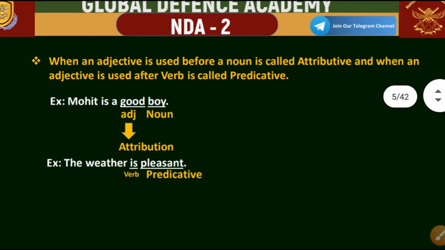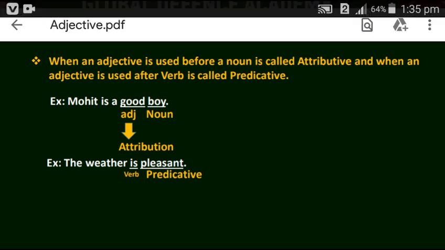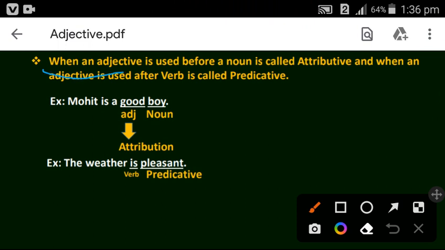So here is the slide to describe what predicative adjective and attributive adjective are. When an adjective is used before a noun, mark here, it is known as, or comes under, attributive adjective.